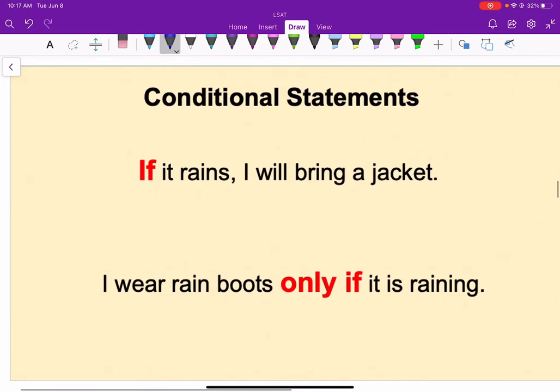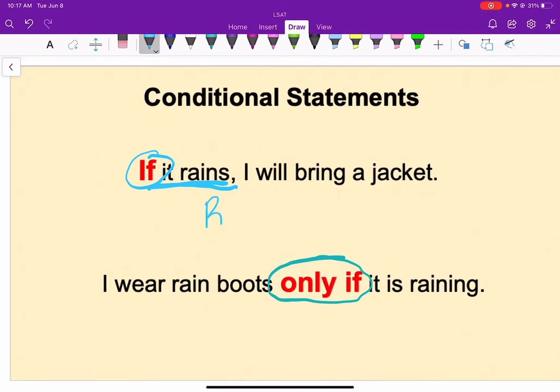All right, so now we're going to move on to "only if." If you notice here, "if" is what we have been mainly practicing so far, where "if" introduces a sufficient condition, where sometimes a sentence will actually introduce a necessary condition. And "only if" is an example of a necessary condition. And so if we diagram, if it rains, so if raining, then bring jacket. So I'll say jacket.